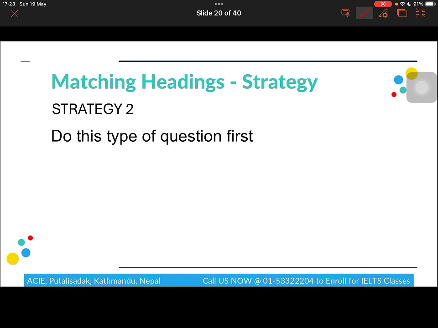It's going to be easy for you if you do this first, especially because you are required to skim the entire passage and get the idea of the objective of each paragraph. This makes it easier to do other question types, and hence it is recommended that you do this question type first.